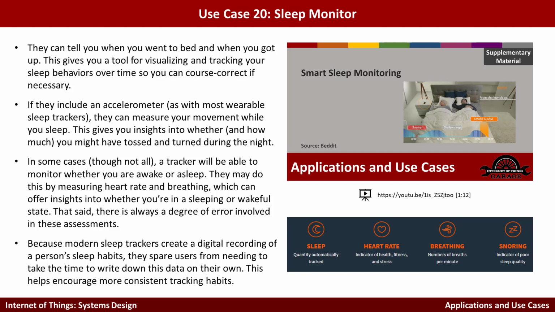It will measure our movements at night while we are sleeping, and also record a number of other parameters using sensors such as heart rate, breathing, and snoring. It will create a report about the quality of the sleep we get, so we can change our habits or change our beds or the time we sleep and so on.